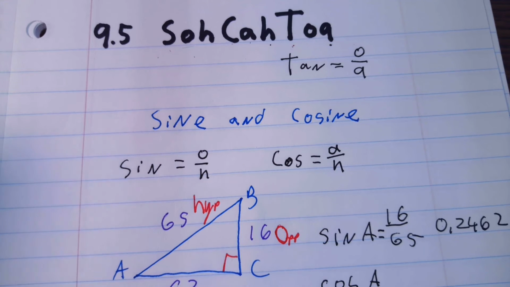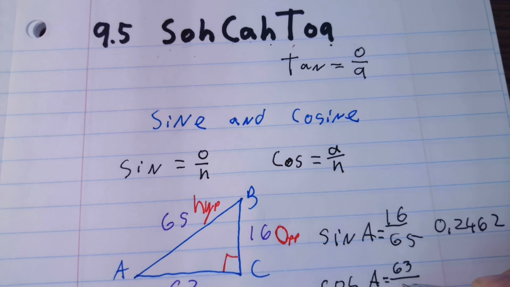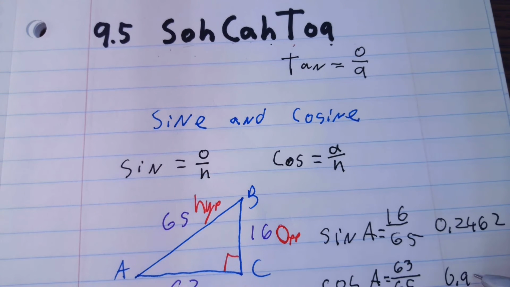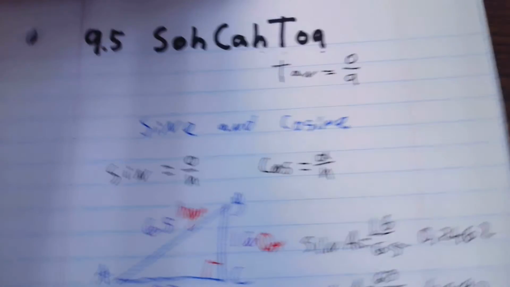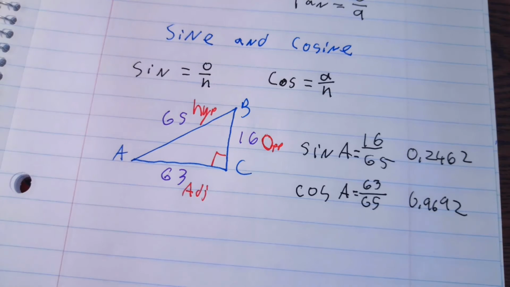And cosine is adjacent over hypotenuse, right? And it is going to be 63 divided by 65. And that's going to be 0.9692. All right, are we getting those answers?